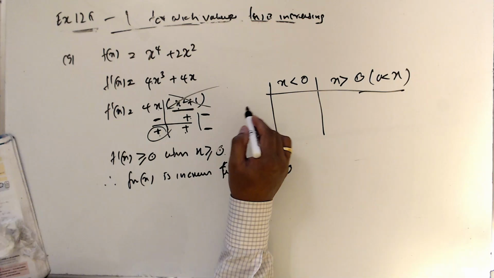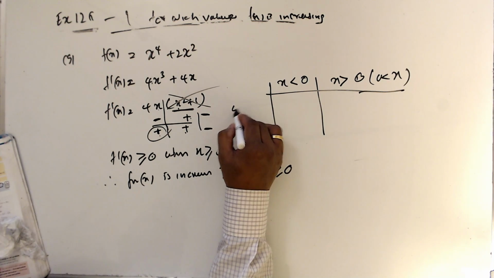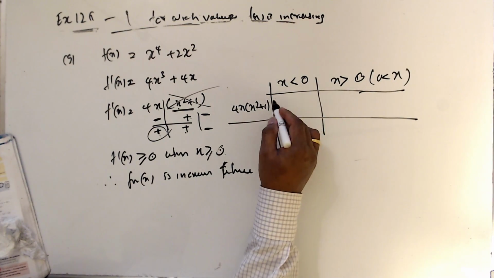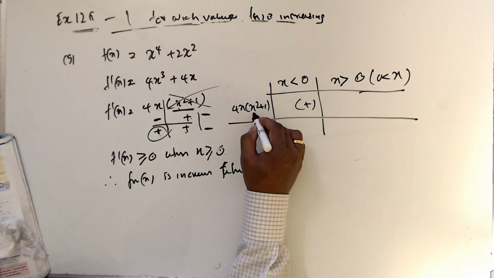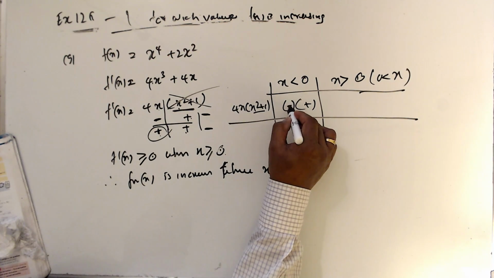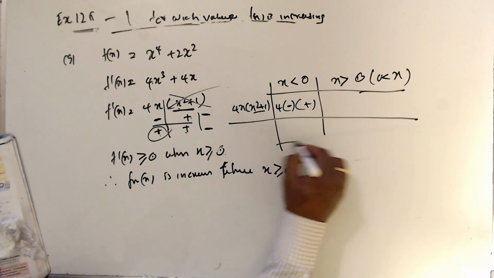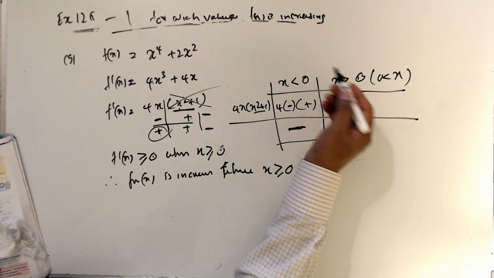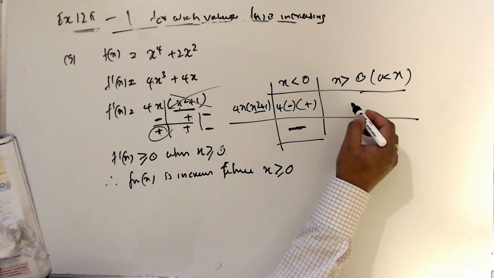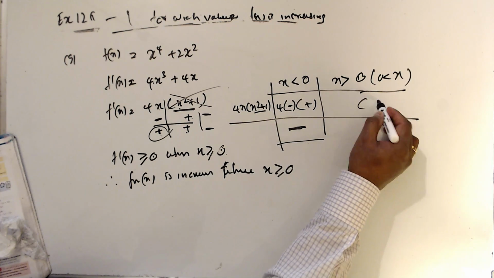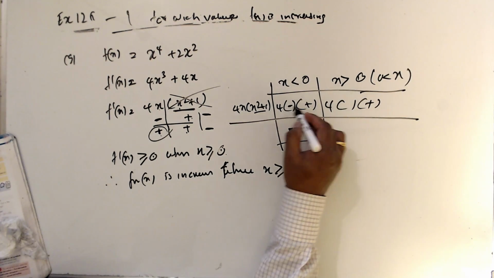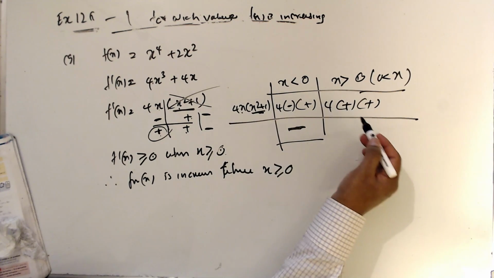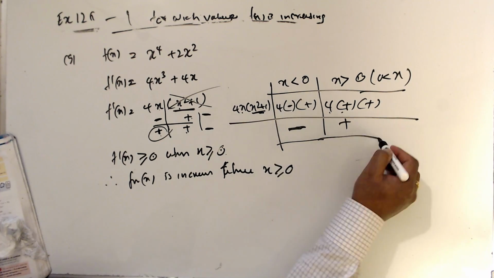So this is 4x times x square plus 1. When you take a negative number, x is negative, x square plus 1 is positive, and overall it is negative. When you take a positive number, this is positive. x square plus 1 is always positive, and positive times 4 is still positive.